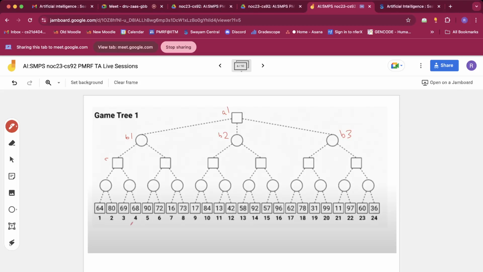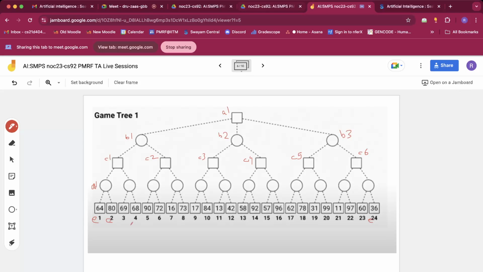Similarly we have C1, C2, C3, C4, C5 and C6. The next level is named with D, so D1, D2, D3 up to D12 I think, and all the last nodes or the leaf nodes are labeled with an E, E1, E2 up to E24.